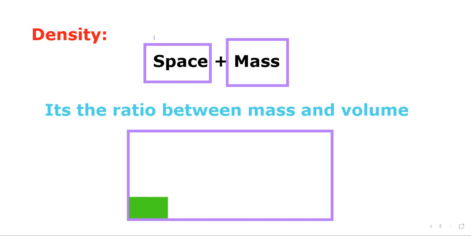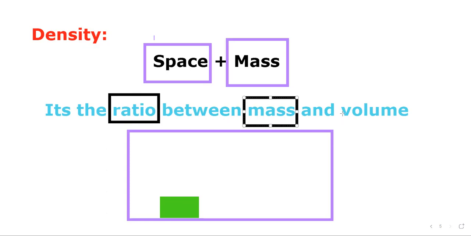What is density? It is actually the ratio. We know that for a ratio we need two things. It's a ratio of what? The mass and volume of the object. Volume means how much space is occupied by this object.